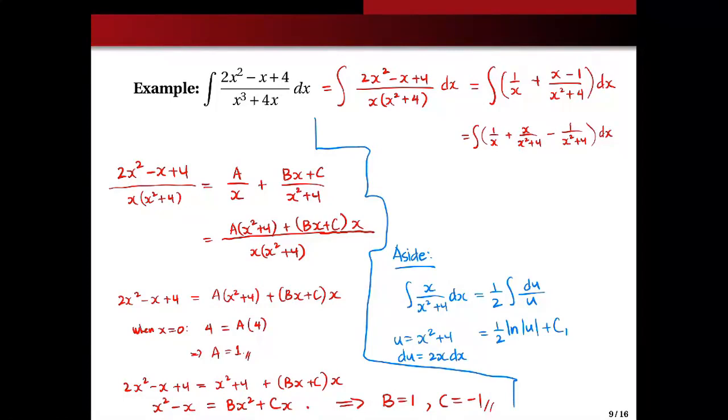And then for the other one here, what you can do is the following. Look at this. You want to integrate 1 over x squared plus 4 dx. You can factor out 4. You will have something like 1/4 dx over x over 2 squared plus 1.